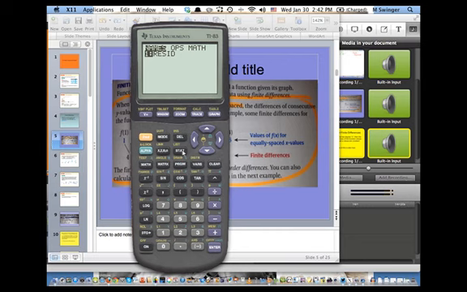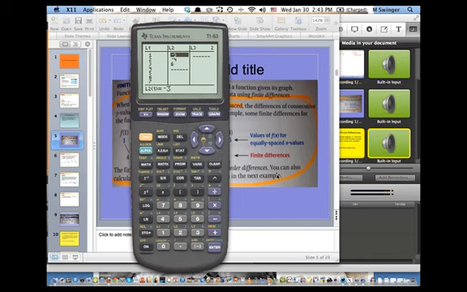You're going to go to edit like you've done before. You're going to edit your lists. List 1 is always your x values. So all your x values, it started with x was 1 and 2 and 3, so put all those in up to 7. You scroll over, and your L2 is your y values.